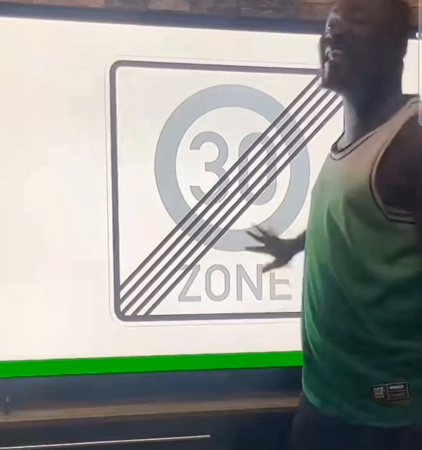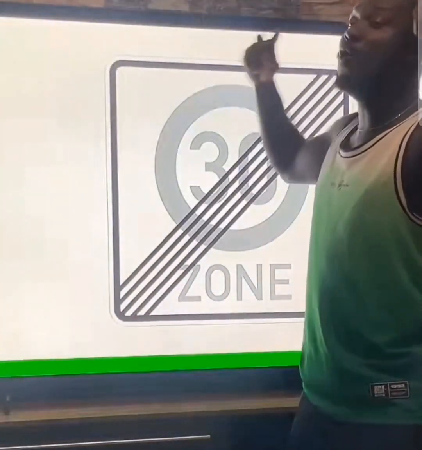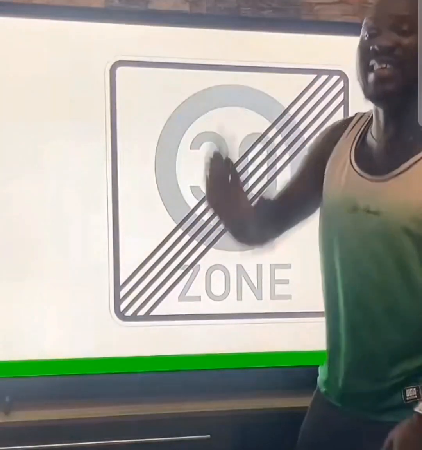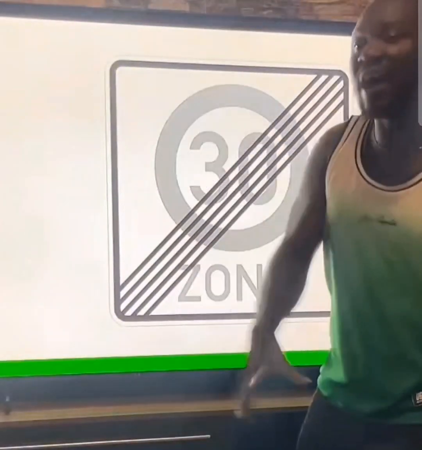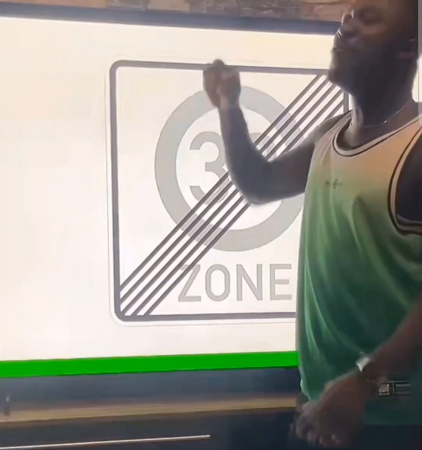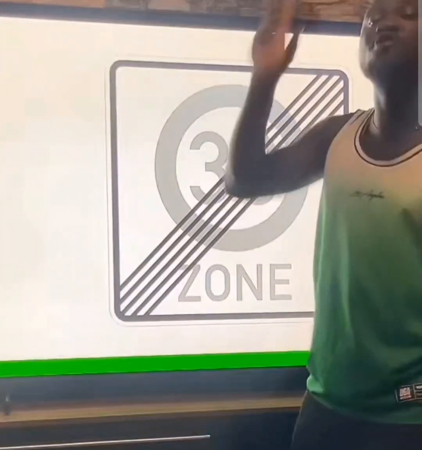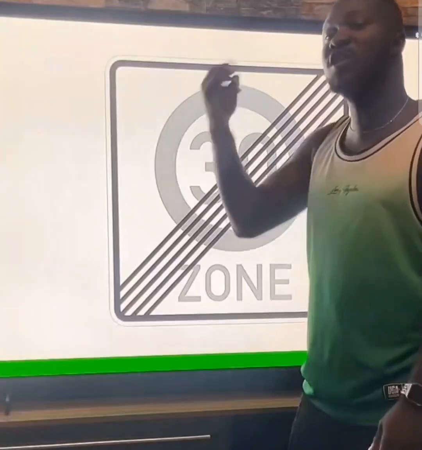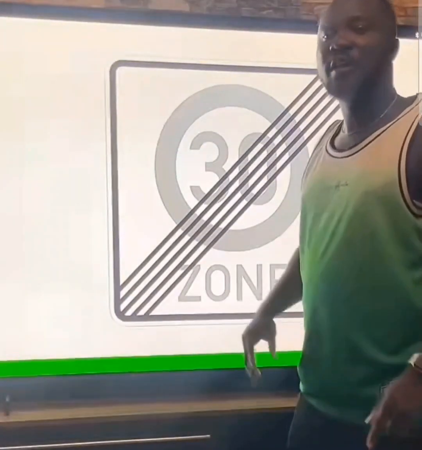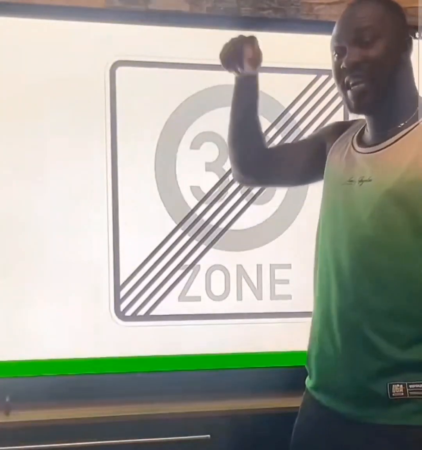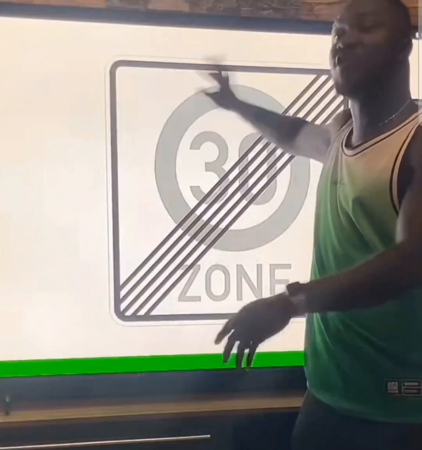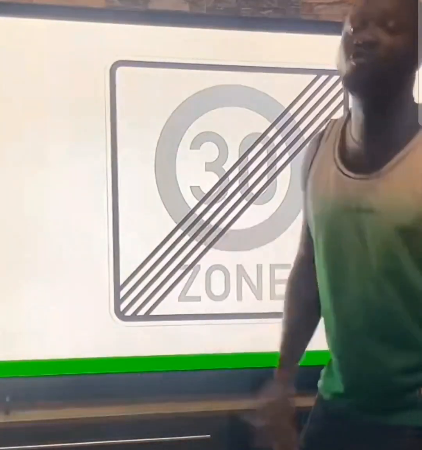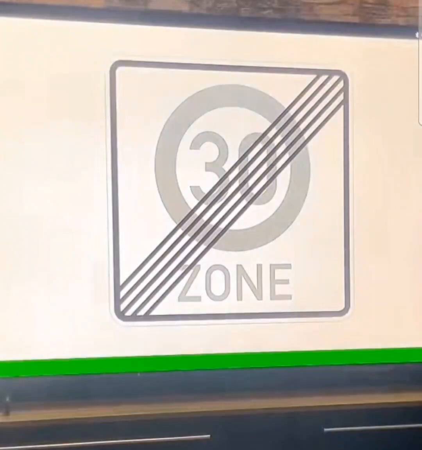That's when we see a sign like this to remind us that before we used to drive only 30 kilometers per hour, but right now, because of this sign, we are allowed to drive more than 30, which is 50. In your city, you are allowed to drive 50 kilometers per hour as maximum speed. So when this thing goes off, just know that you are allowed to drive 50 maximum.